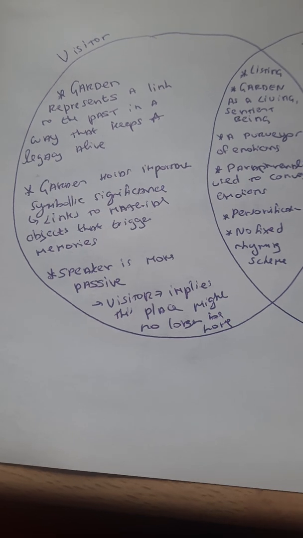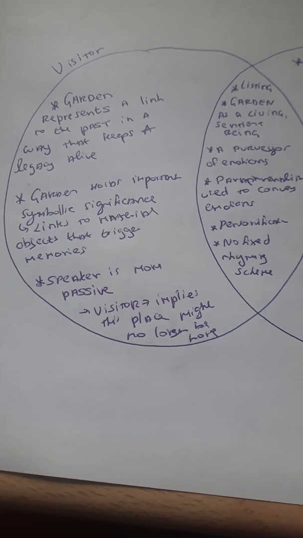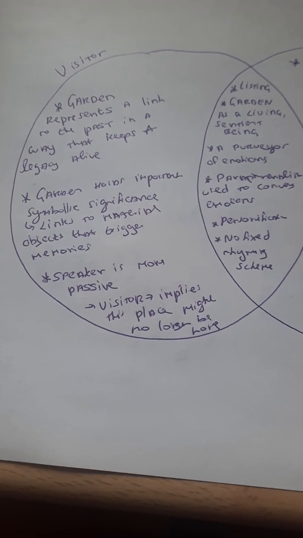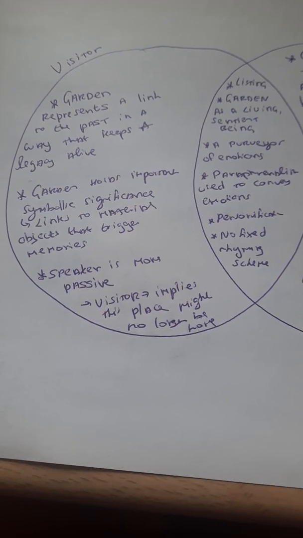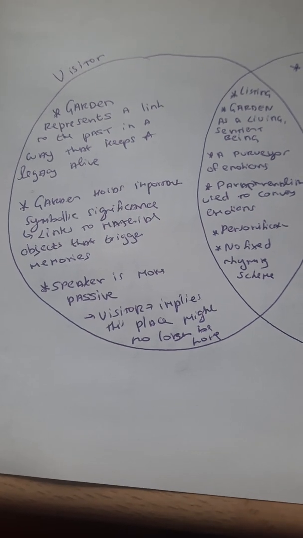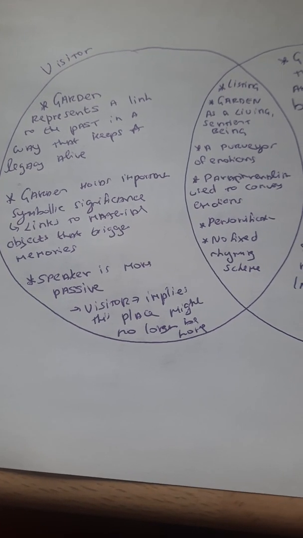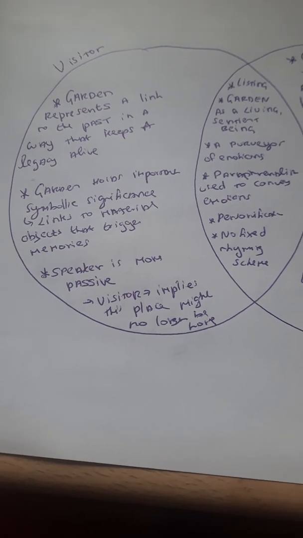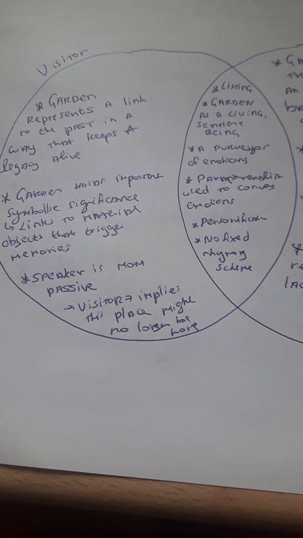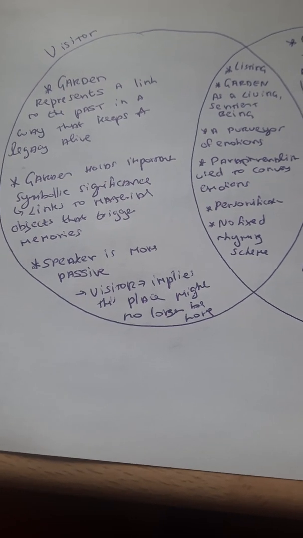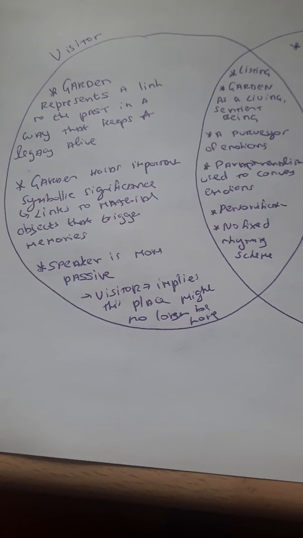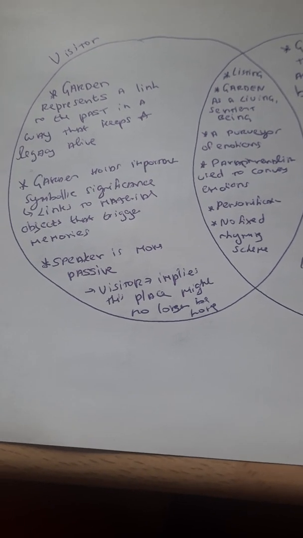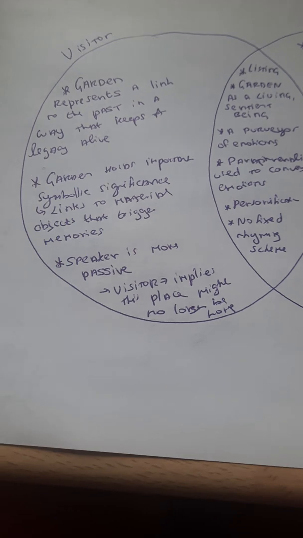Visitor, I feel like even from the title, it implies there's more of a sense of passivity and someone being an observer rather than actively involved. Visitor being, I'm not really belonging here, I'm just here. Okay, so the garden represents a link between the past and the present, and it keeps a certain amount of legacy alive in doing so. And it holds important symbolic significance in many ways. It links to material objects that can trigger memories.